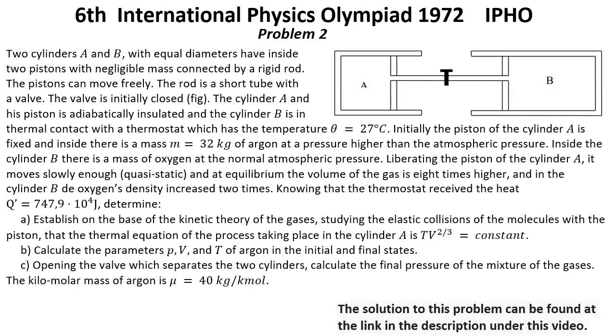Question B. Calculate the parameters P, V and T of argon in the initial and the final states. Question C. Opening the valve which separates the two cylinders, calculate the final pressure of the mixture of the gases. The kilomolar mass of argon is mu equal to 40 kg per kilomole.